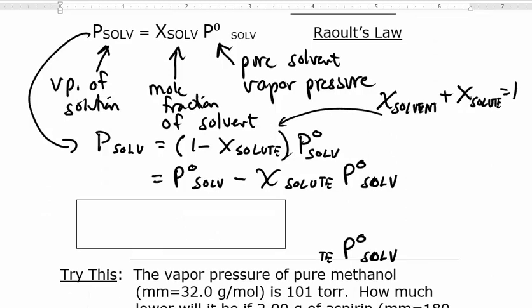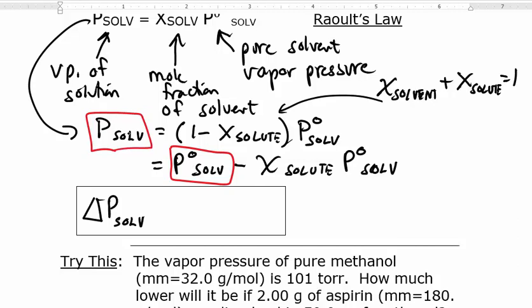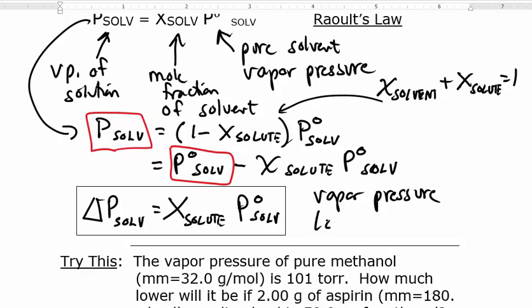And we're almost there. We can then take the pure vapor pressure of the solvent and subtract this vapor pressure, and that's a delta. Then a delta vapor pressure of the solvent, the pure one minus the new one, is equal to the mole fraction of the solute times the pure vapor pressure of the solvent. And that will be our vapor pressure lowering equation, because the delta, the change in vapor pressure, is the amount it's lowered.